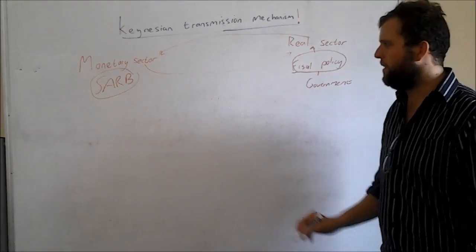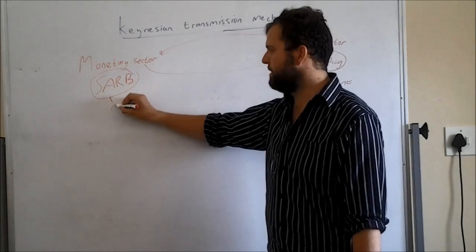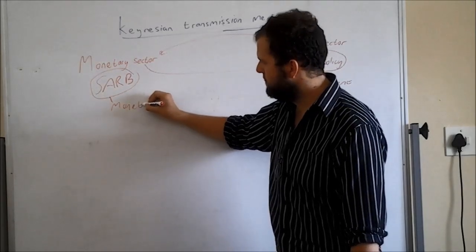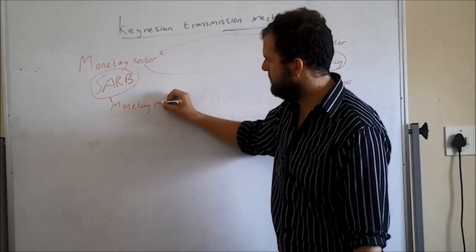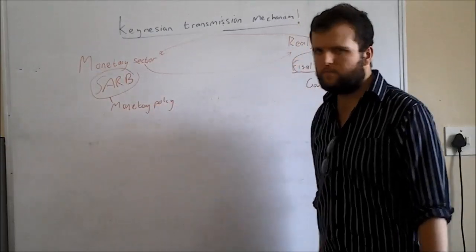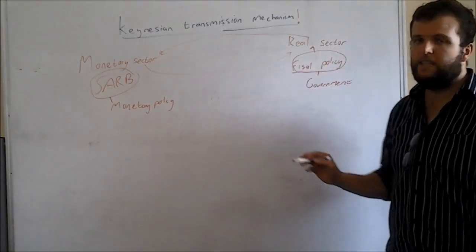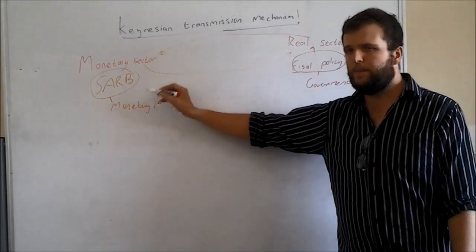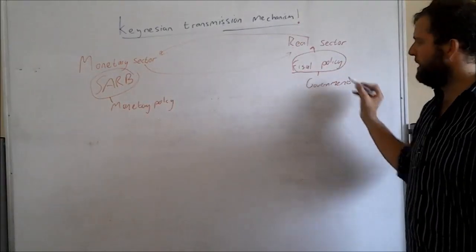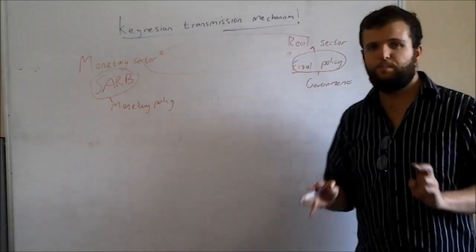The Reserve Bank calls their policy the monetary policy, directed by the Reserve Bank, and the fiscal policy is directed by the government. So there are the two policies, monetary and fiscal.